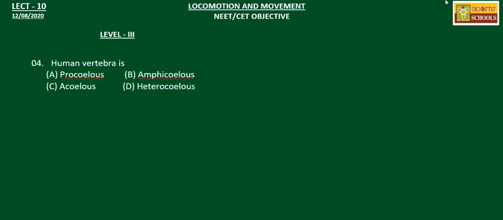The next question, human vertebra is. So here there are different types of vertebrae, right? Almost all mammals will have acoelous vertebrae.